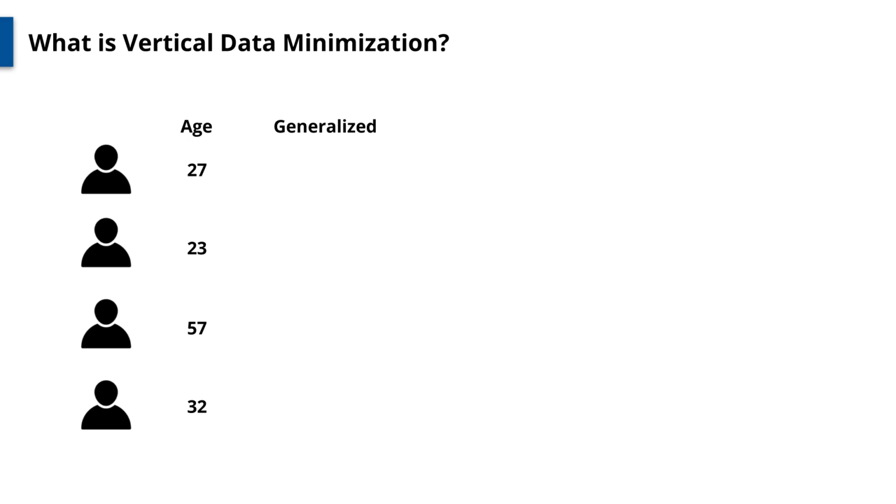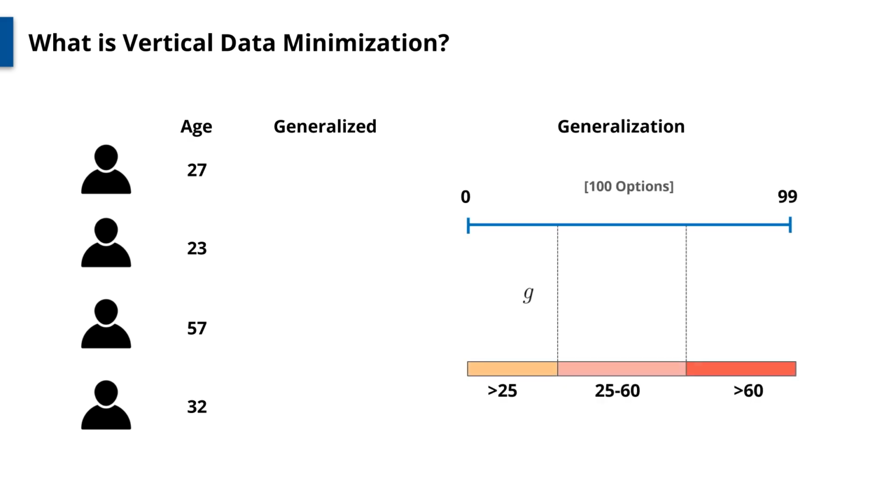For this, we replace each of the original 100 age values only by generalized values. In our case, one of 3 possible options, as you can see on the bottom right. Such generalizations directly reduce the amount of personal data collected optimally while still maintaining the accuracy in a downstream machine learning task.